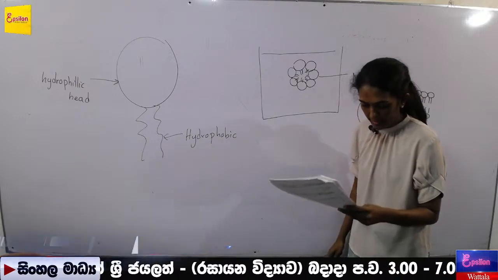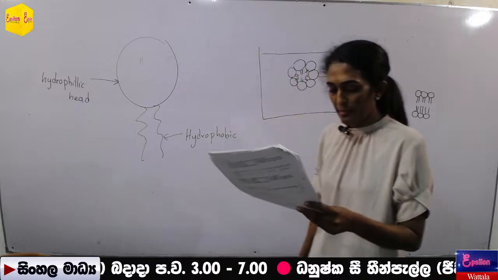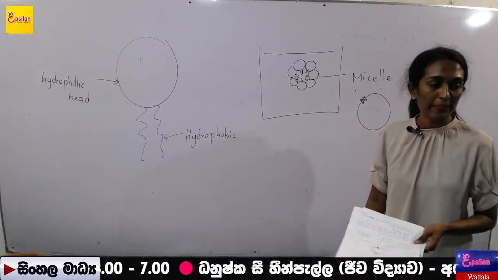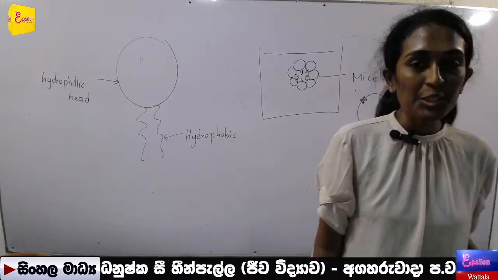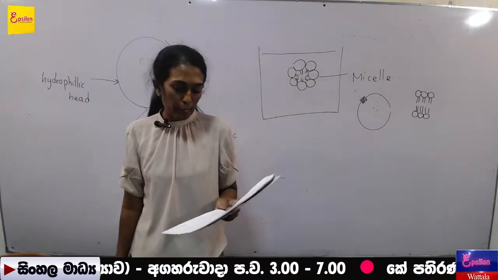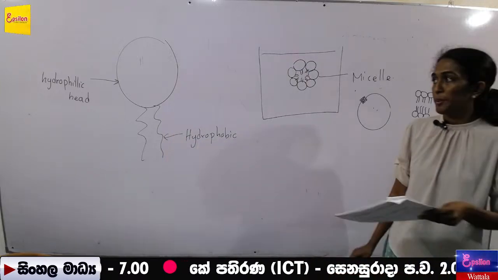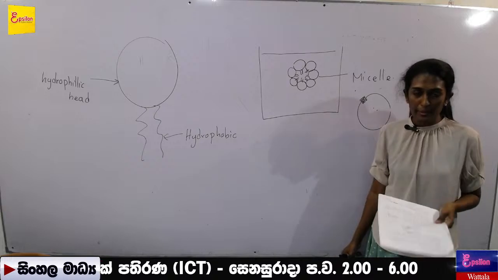Hurry, come to the previous page. What is the main function of phospholipids? Right there: contribute to form the structure of the plasma membrane.